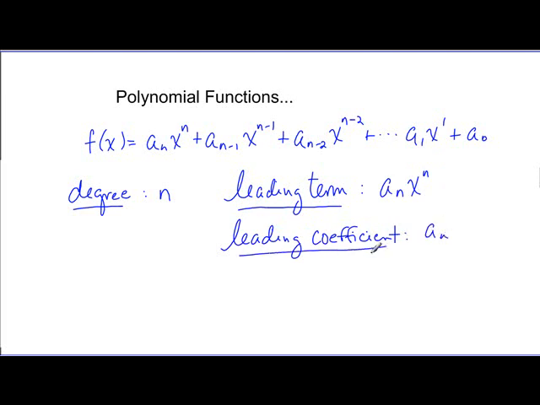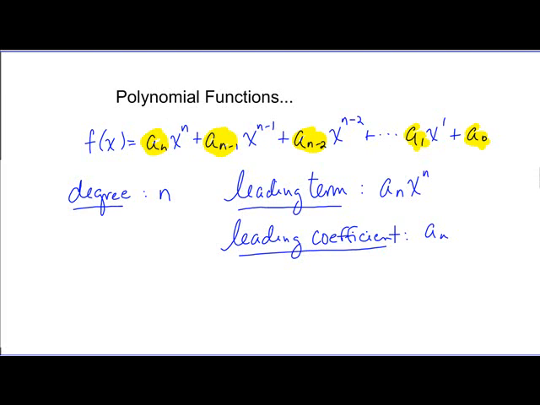Now these coefficients, a sub n and a sub n minus 1 and a sub n minus 2 and so on, those subscripts on those constants a are just to indicate that they may be different numbers. Each of the terms can have a totally different coefficient, some positive, some negative.